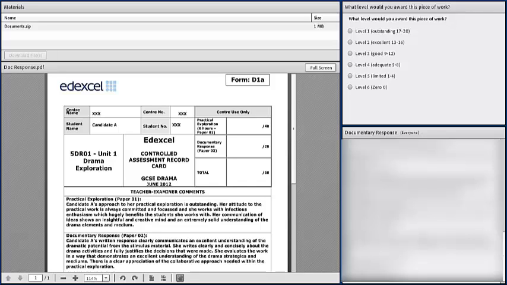Now, obviously, we'll take a teacher assessor series of comments in the spirit to which they are intended. The reason that there is a moderation process in place for this paper is because it's very, very difficult for teacher assessors to be absolutely objective about their students.